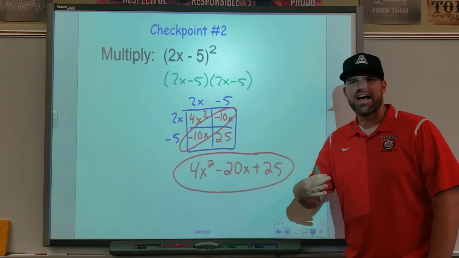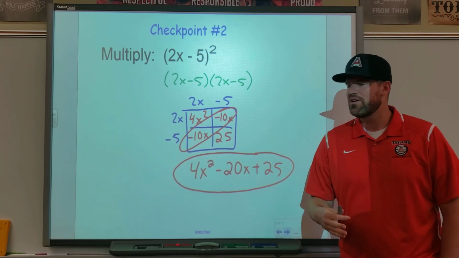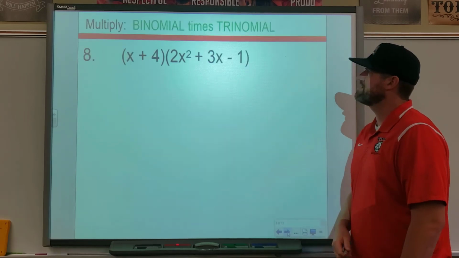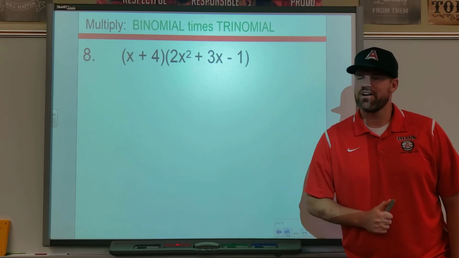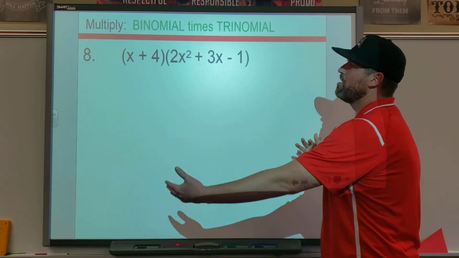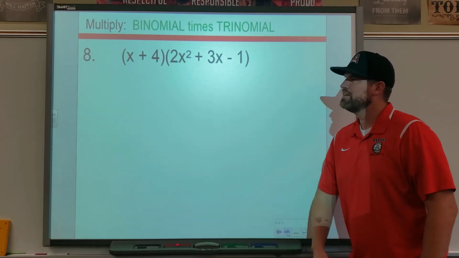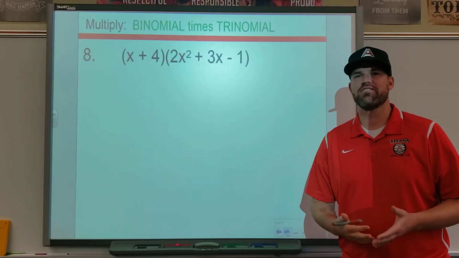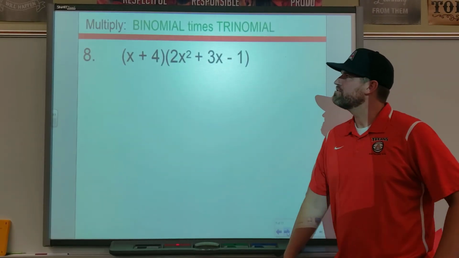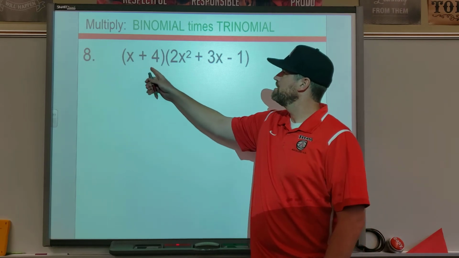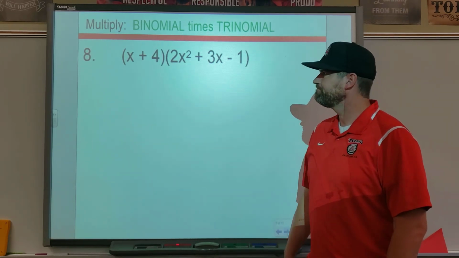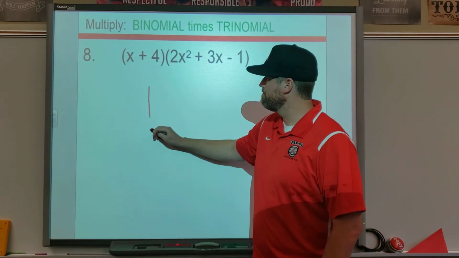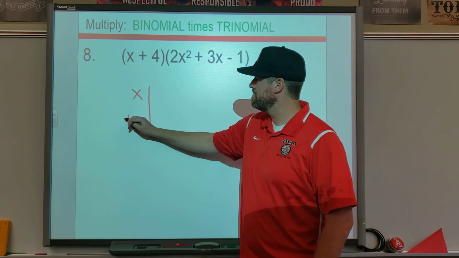All right, if you've got this down, you've got the basics, which means we can go ahead and try one of these bigger problems, right? We could do any polynomial times any polynomial. Just the more terms there are, the bigger the box. So this one we have a binomial times a trinomial. So I'm going to go ahead and put my binomial along this side.